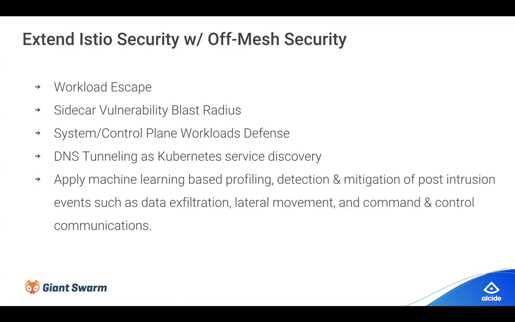One example, a pretty recent one, is around the fact that the sidecar itself is a component that runs across your entire service mesh. There was a recent vulnerability on Envoy itself, so a vulnerability on the data plane. Based on the traffic, you could end up manipulating the Envoy itself.